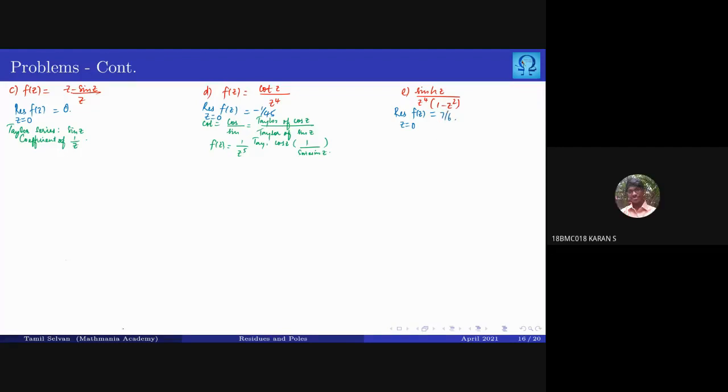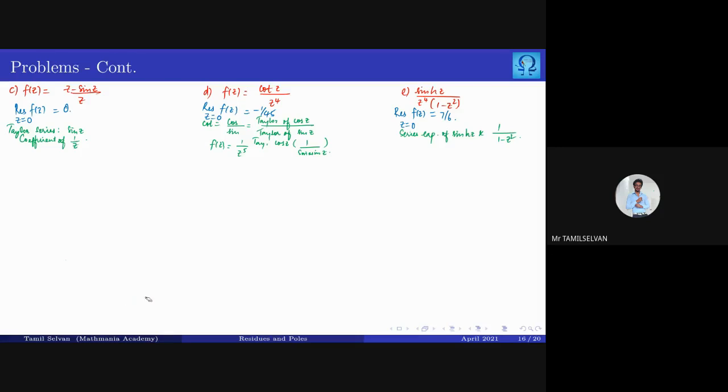I expanded the expansion of sinh z also for 1 by 1 minus z square, sir. So that is series expansions of hyperbolic sine z and 1 upon 1 minus z squared. So we'll have to just give the series expansion of these things and finally find the coefficient of 1 upon z. That gives you the residue value.